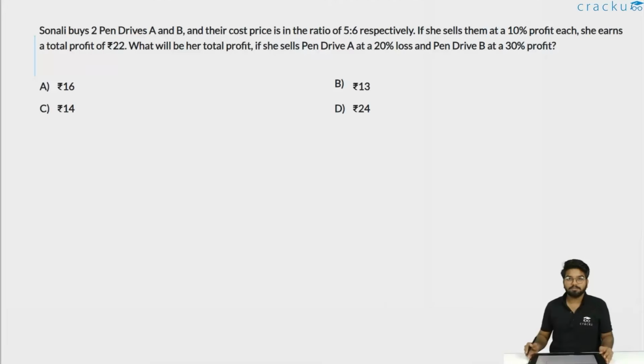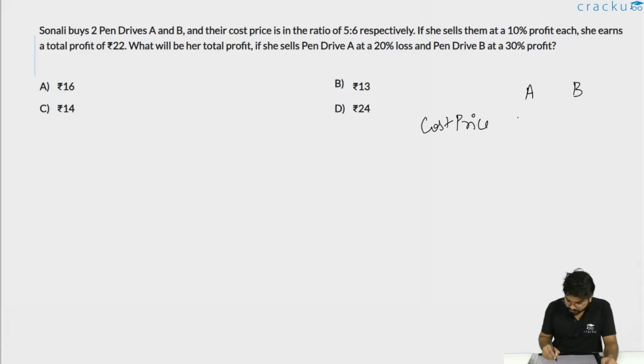Hi guys, we have this question based on profit and loss. It says that Sonali buys two pen drives A and B, and their cost price is in the ratio 5:6. Let's say the cost price of both the pen drives is 50x and 60x. That is their ratios.